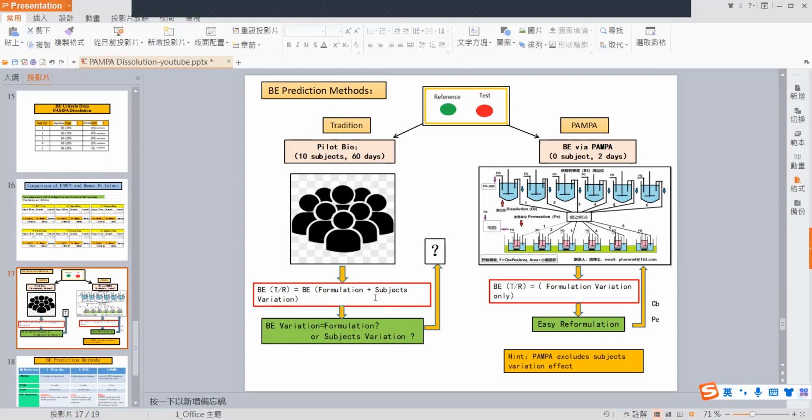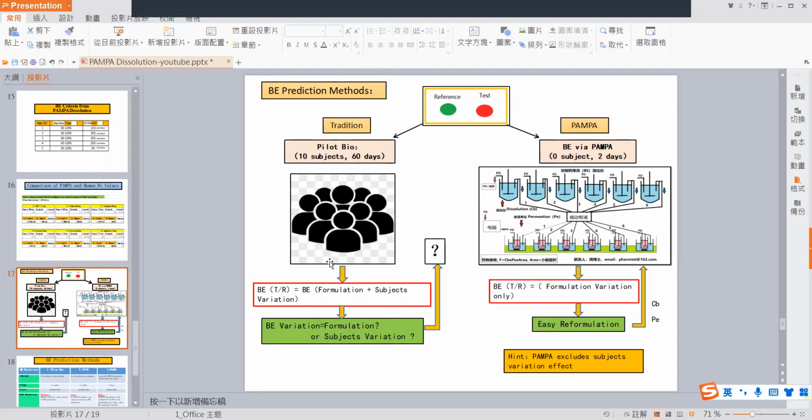There are two variations together that cause this BE data, right? So if you are a scientist reading this BE data, it combines both variations. How would you be able to tell whether it is because of the formulation variation or because of the subject variation? That leaves scientists still with a question mark.